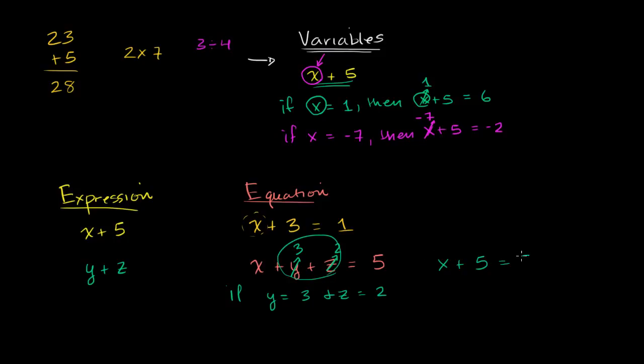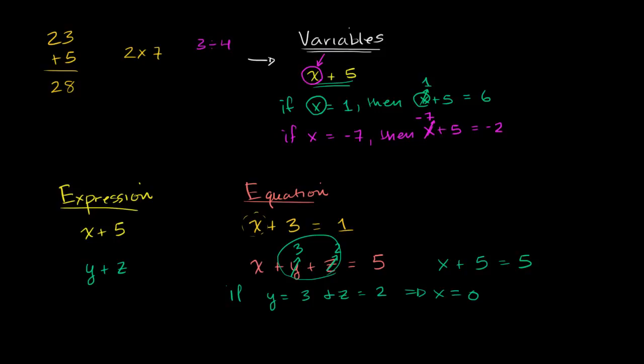X plus 5 is equal to 5. And so what plus 5 is equal to 5? Well, now we're constraining that x would have to be equal to 0. But the important point here, hopefully you realize the difference between expression and equation. Equation, essentially, you're equating two expressions. The important thing to take away from here is that a variable can take on different values depending on the context of the problem.